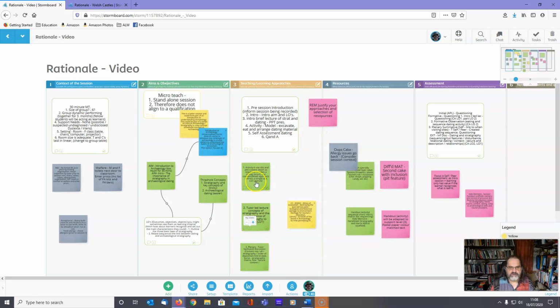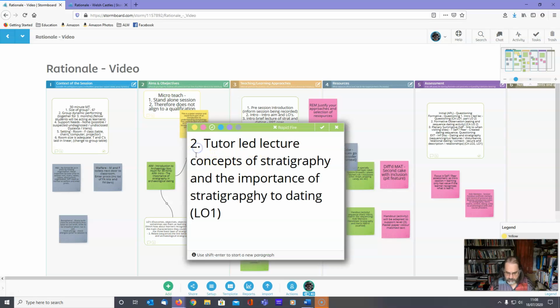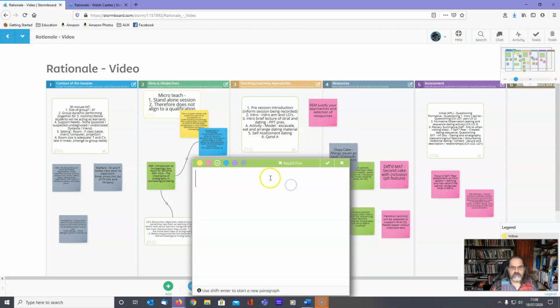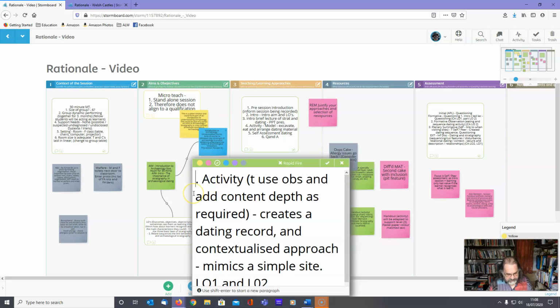This should have been first, but I've done it the wrong way around because of my numbering system, so I'll just switch them around. The actual first part of the session, so I should change that to a 1, not 2, after the introduction is a tutor-led lecture on the concepts of stratigraphy and the importance of those to dating. It's going to be supported by a handout, but you'll see that in a minute. I'll just renumber these in case I ever use this board again.